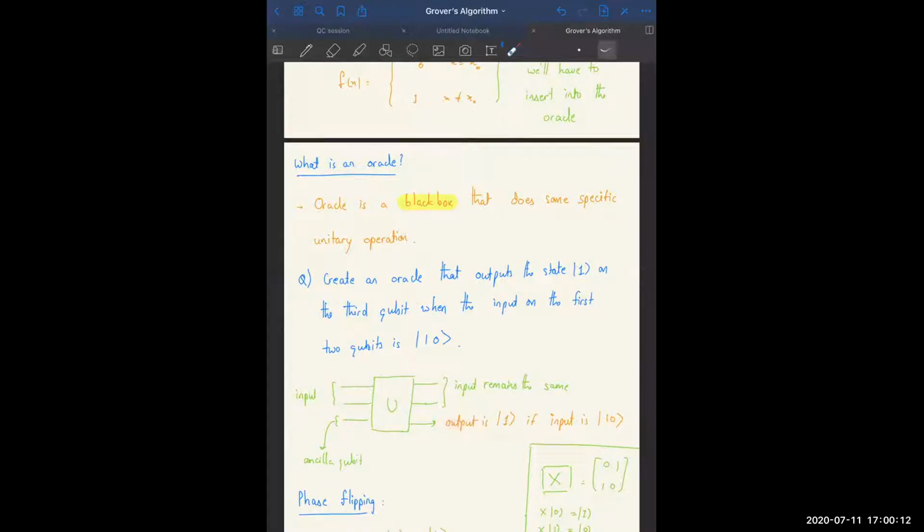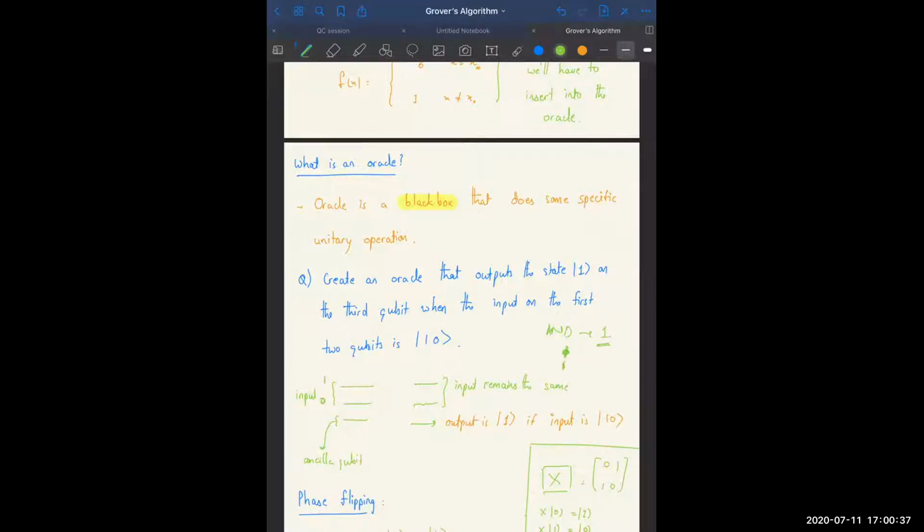So let's look at how we can create such a circuit. Okay, so what do we need? Let's say I put a 1 and a 0. We know that an AND gate will give a 1 whenever both the qubits are 1.